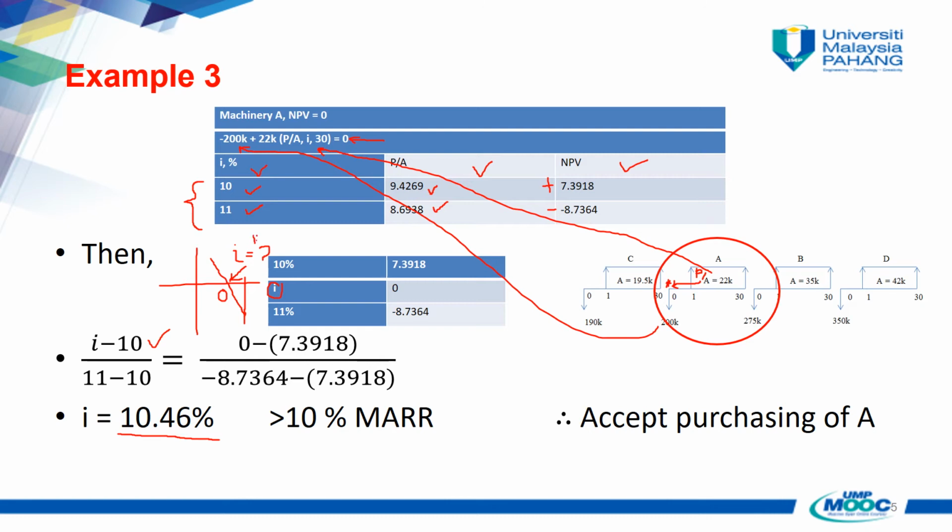The negative here will become 11, the positive here is around 10%. So it will give you directly 10.46%. It is more than the 10% intended by our boss. So we must accept the purchasing of A until now.